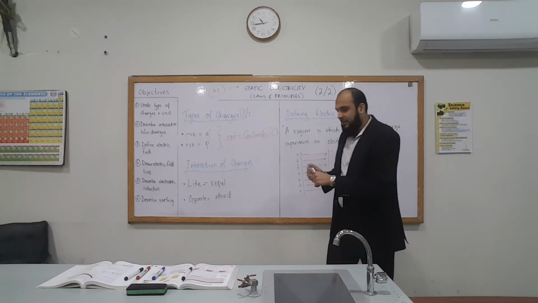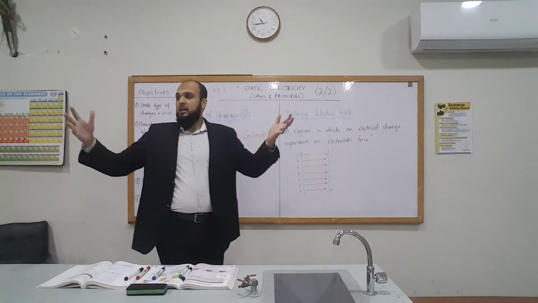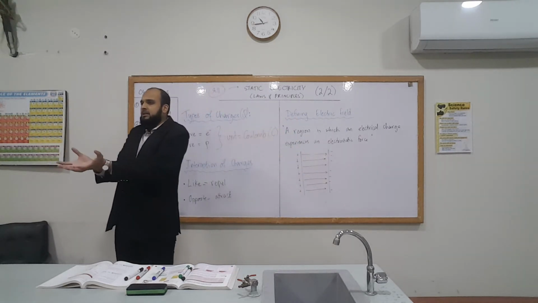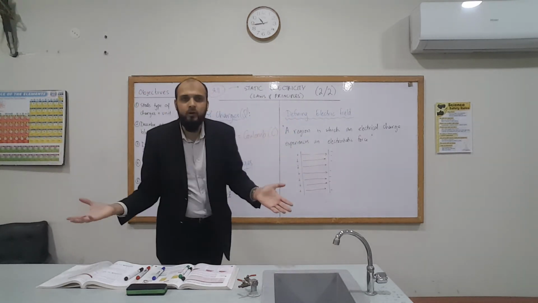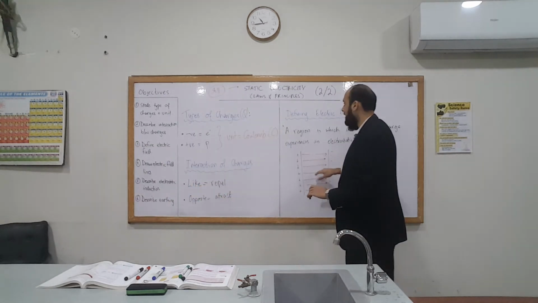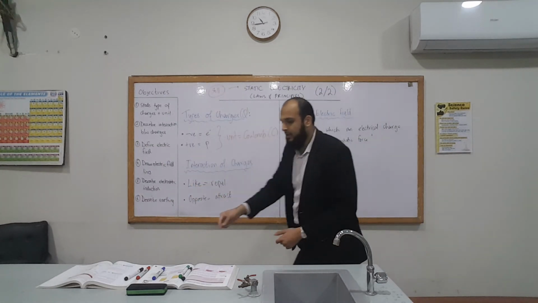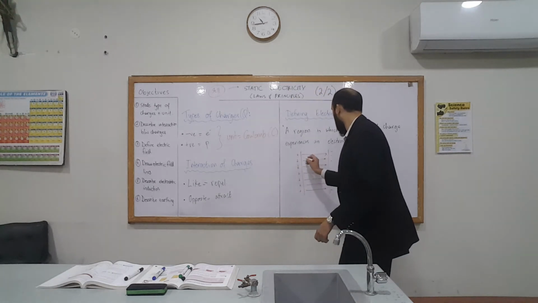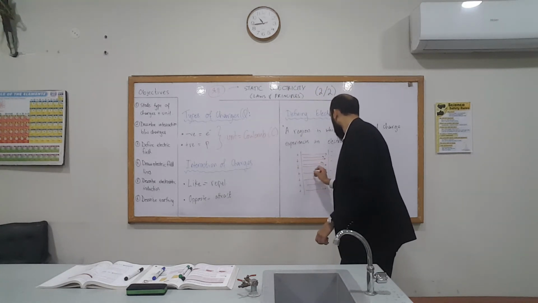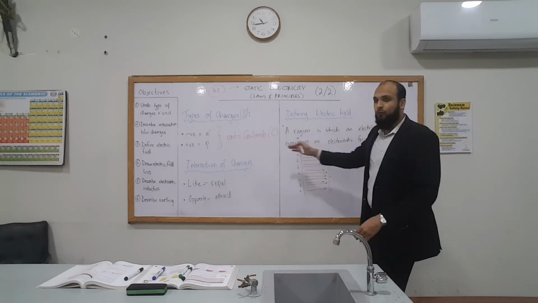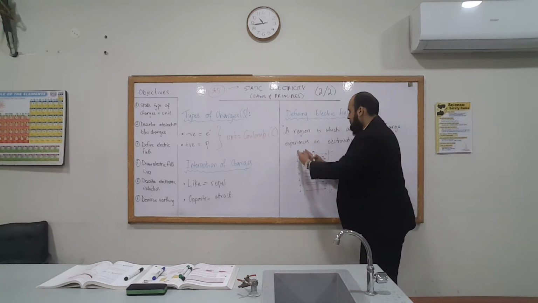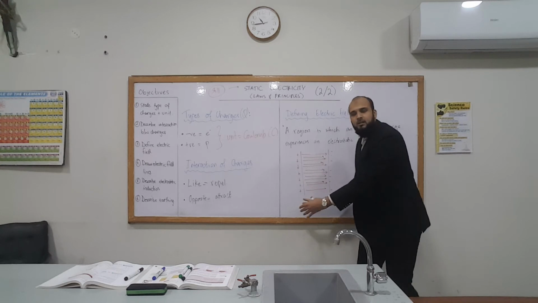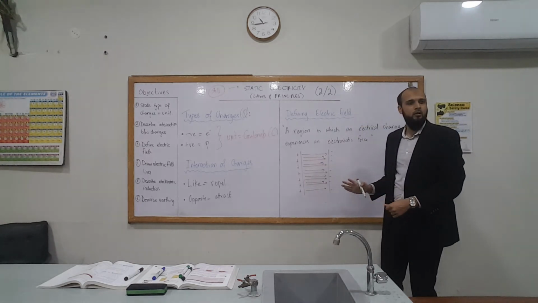Now, the electric field, this region, this space where some still charge would experience some force, there is a way to draw it. The greater the number of field lines, which of course corresponds to more positive charges on the left and more negative charges on the right, the greater the field strength.